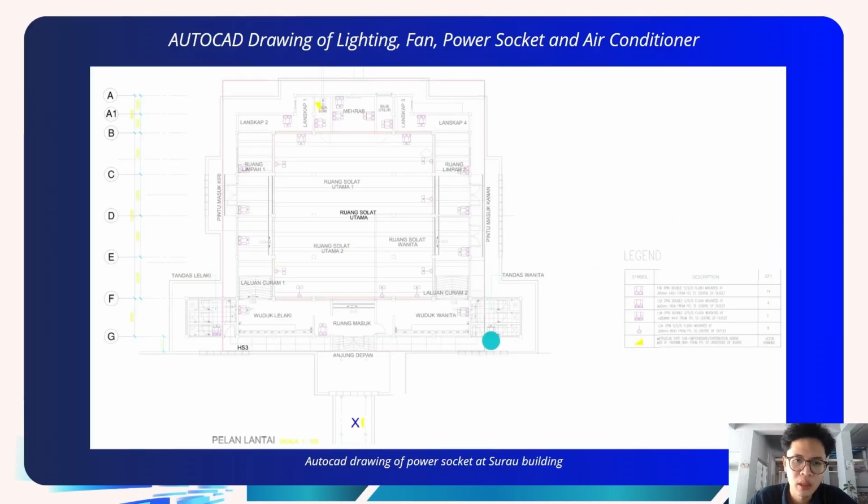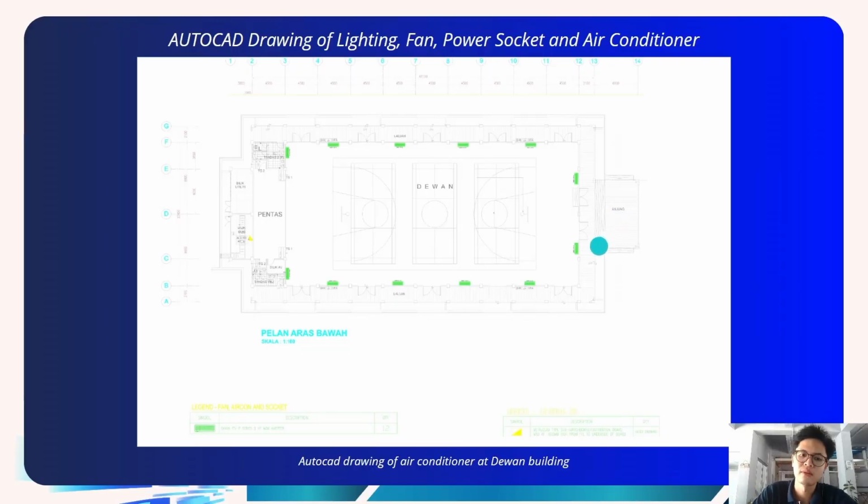We are required to draw sockets and design them in the building in the AutoCAD. The DB will also be placed in the billet switch. Last one is for air conditioning at Day 1. We are designing and drawing the air conditioning in Day 1, and the DB will also be in the billet switch.